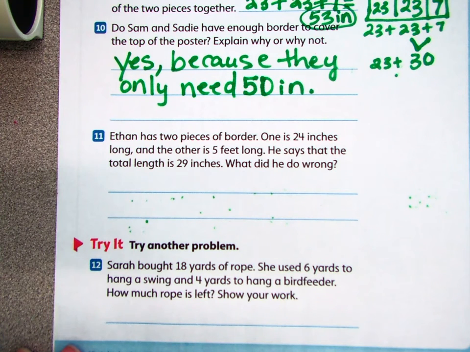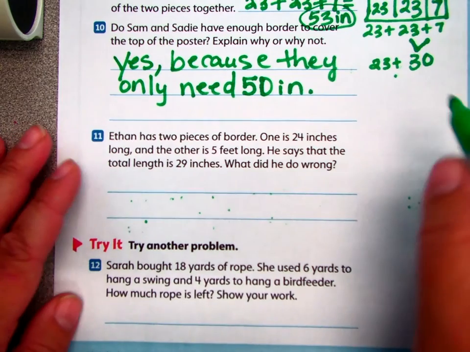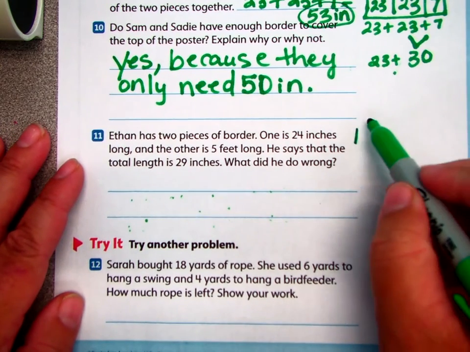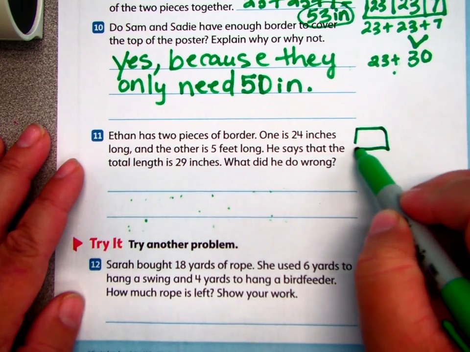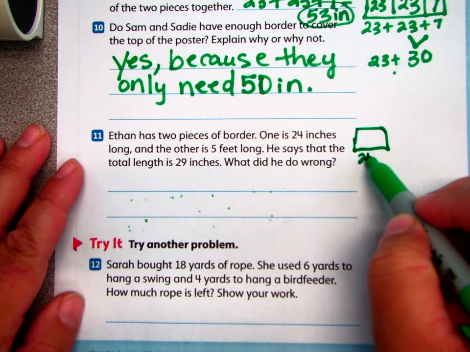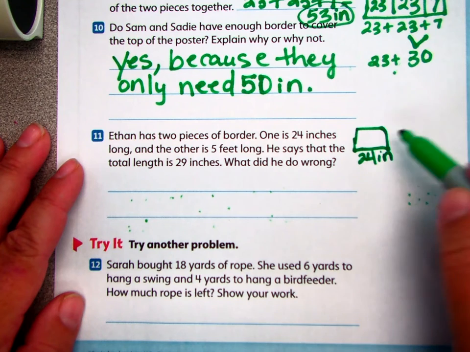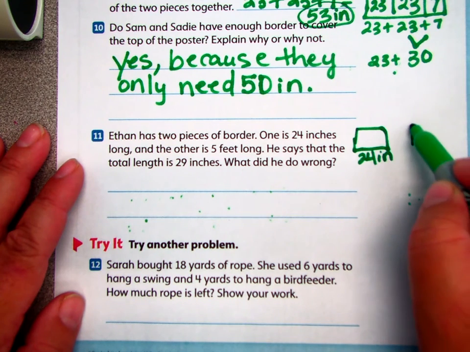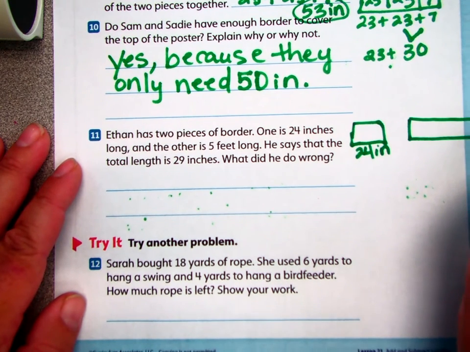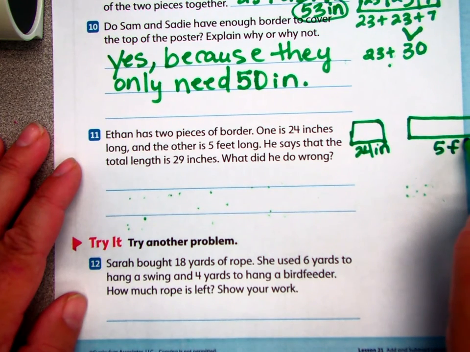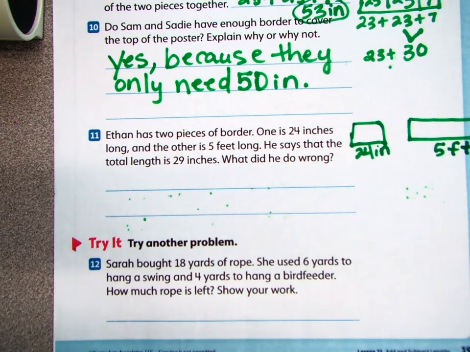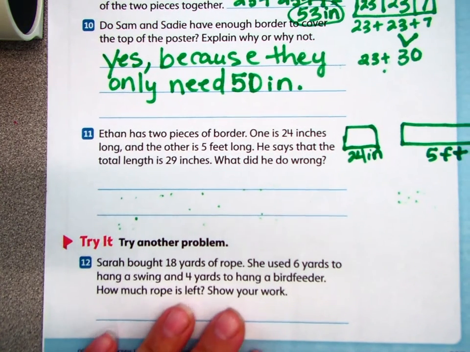Ethan has 2 pieces of border. One is 24 inches and the other is 5 feet long. He says that the total length is 29 inches.